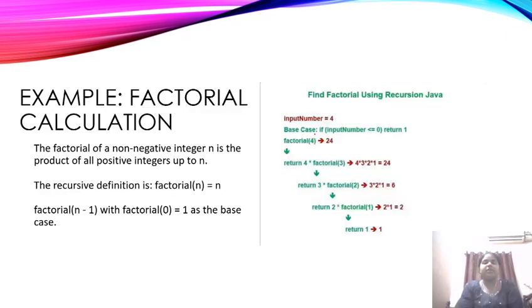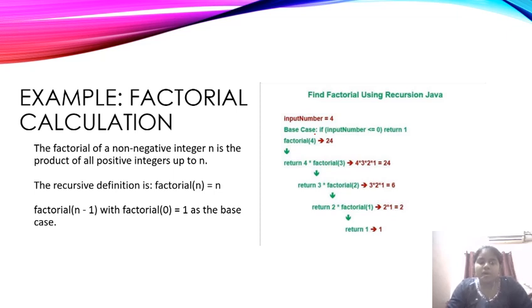Example, factorial calculation. The factorial of a non-negative integer n is the product of all positive integers up to n. The recursive definition is factorial(n) equals n times factorial(n minus 1), with factorial(0) equals 1 as the base case.